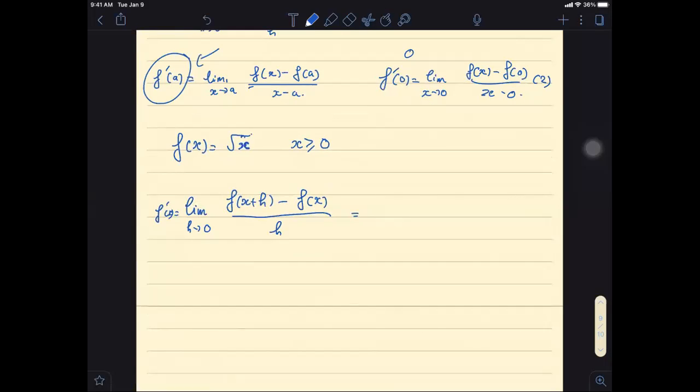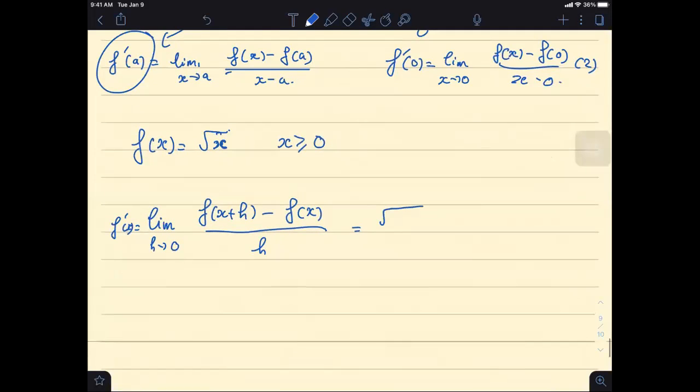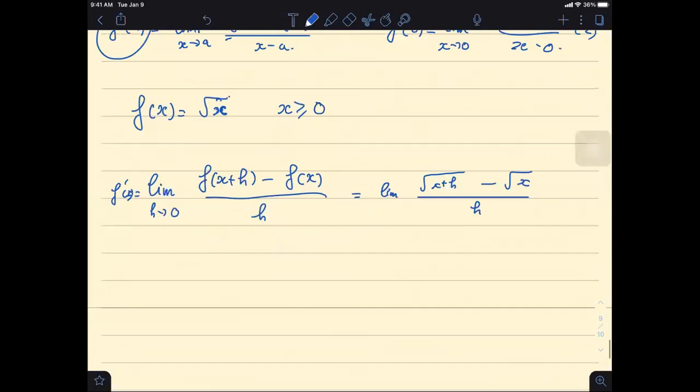Square root of x plus h minus square root of x over h. Then that's equal to, oh gosh.